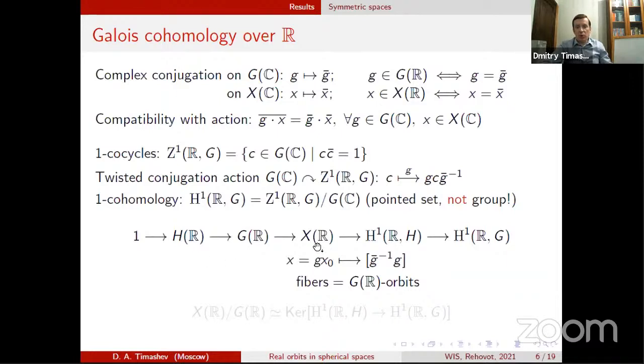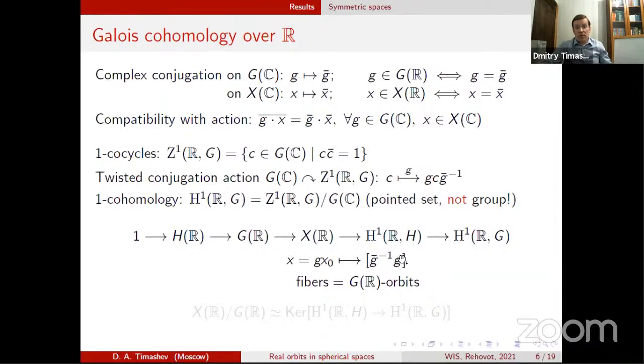If you have a real point in X, you may obtain this point from the base point, which I also assume to be real, by applying some element of G. This small g need not be real, but since we get a real point, it is easy to check that this product g bar inverse times g actually is in the stabilizer of x naught.